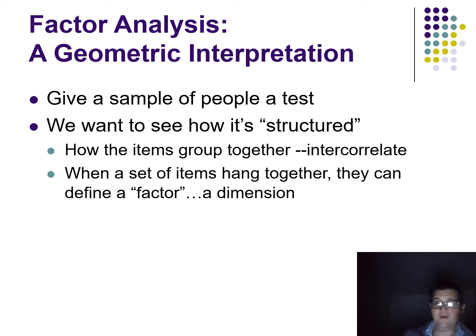On a set of test questions, your tendency to get each question right or wrong will be correlated positively with some other questions, maybe negatively with some others, maybe close to zero for others. So all the items intercorrelate with one another, and the basic idea is to figure out how many clumps there are in the test, how many things are highly correlated with one another.